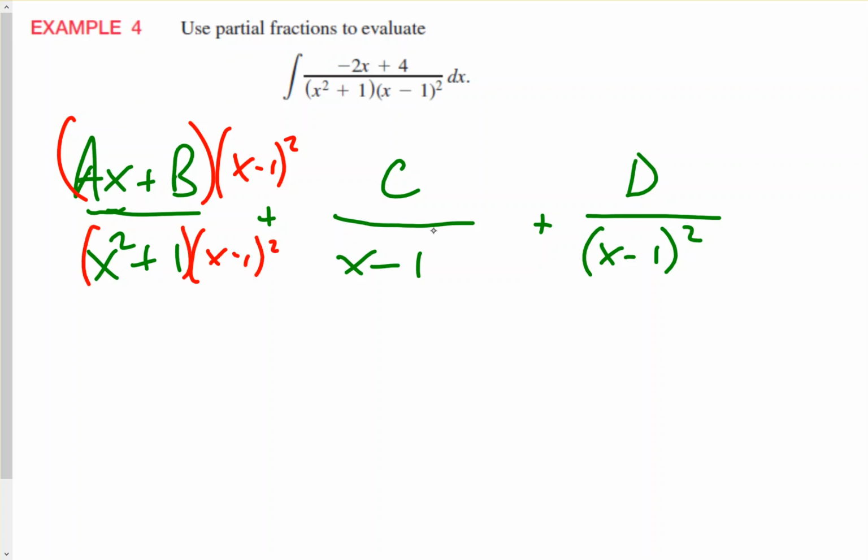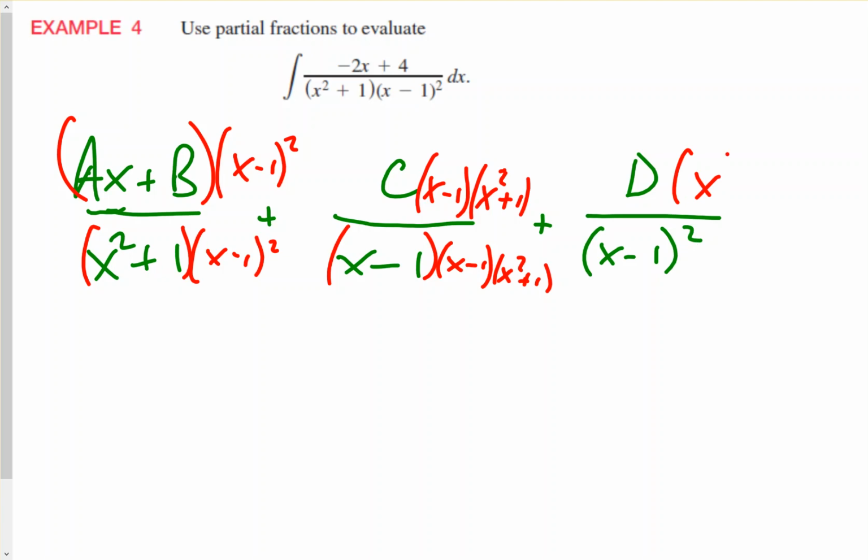And then for the middle one, we have to multiply this by x minus 1 times x squared plus 1. And then the one on the right, we have to just multiply this by x squared plus 1.